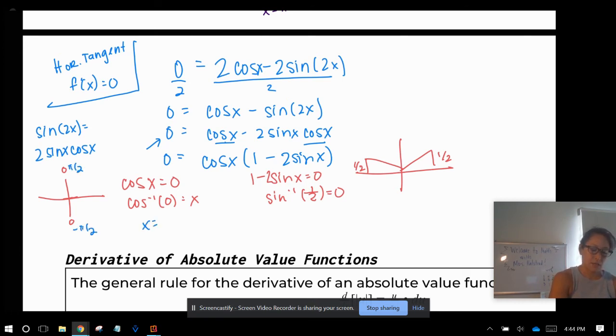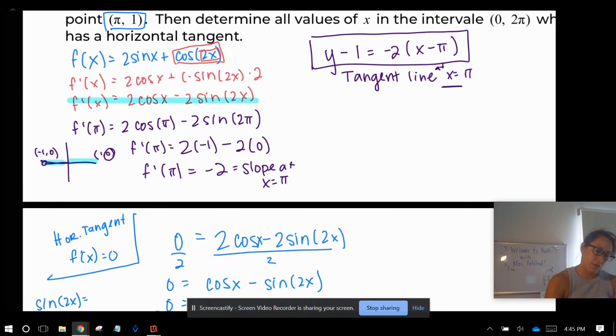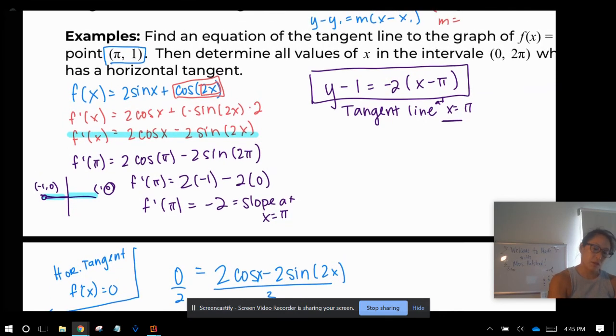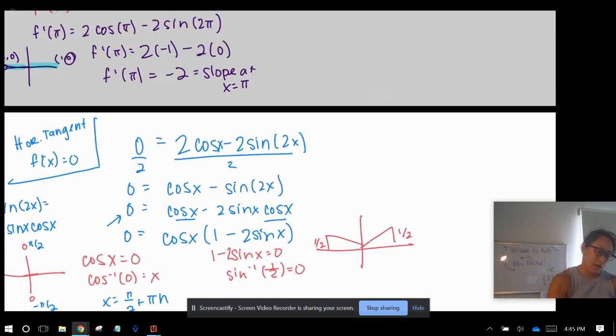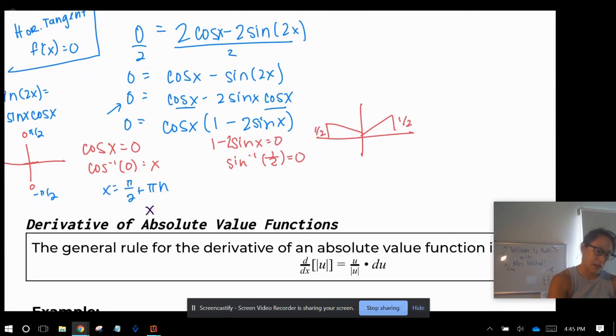So x is equal to pi over 2 plus pi n, because the values are 180 degrees away from each other. So in the interval 0 to 2 pi, I only have answers that are pi over 2 and 3 pi over 2.